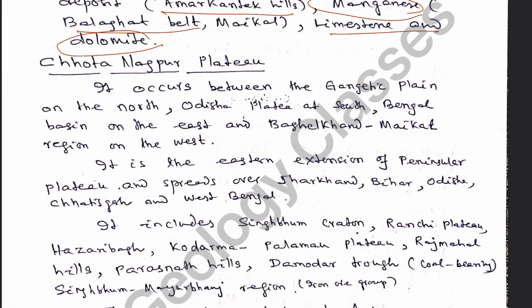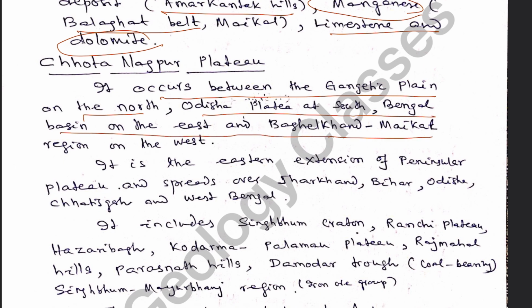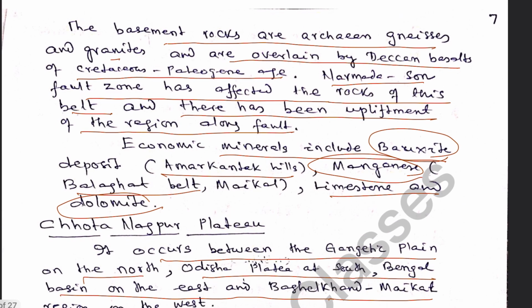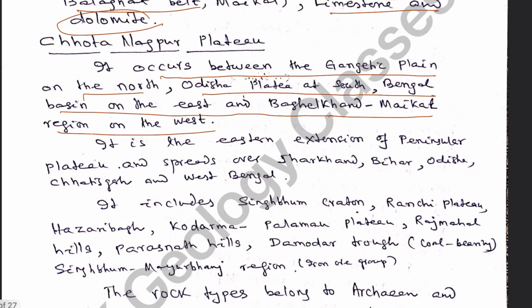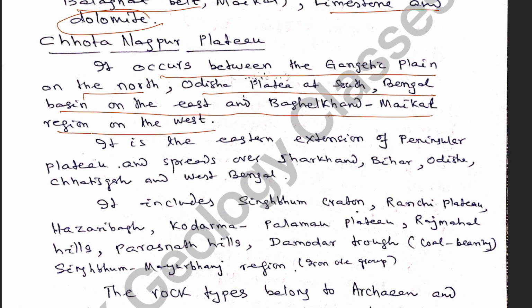Then let us discuss Chhatnagpur plateau. It occurs between the Gangetic plain on the north, Odisha plateau on the south, Bengal basin on the east and Baghelkhand Moikal region on the west. From the eastern portion of the Satpura mountains, the Chhatnagpur plateau begins and it extends over Odisha, West Bengal, Chhattisgarh, Bihar, Jharkhand region.